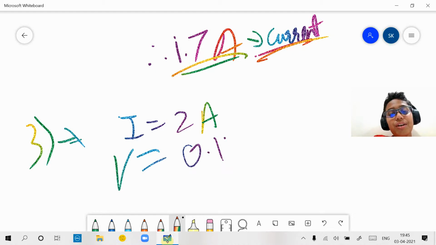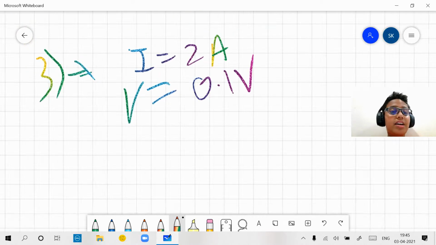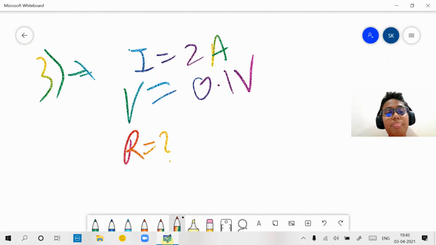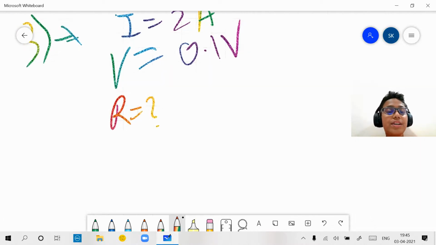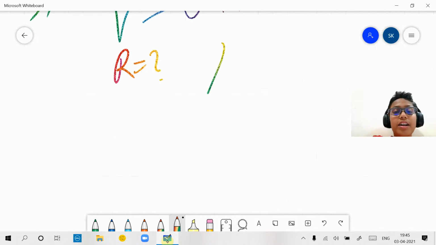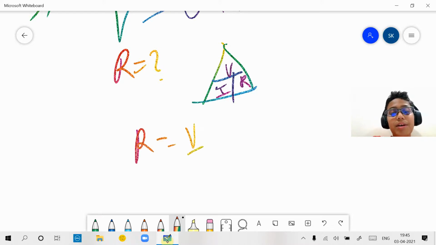Voltage is 0.1 volt. We have to find the resistance offered by the wire. So Ohm's law comes here to help us. I equals V by R, so R equals V by I.